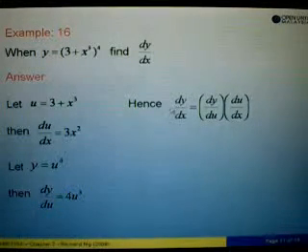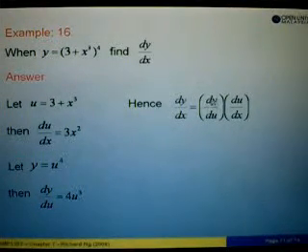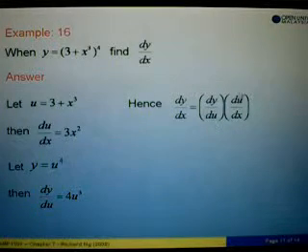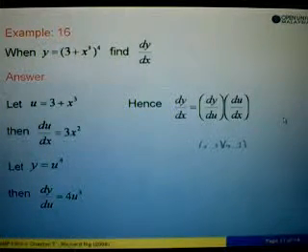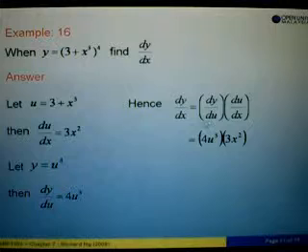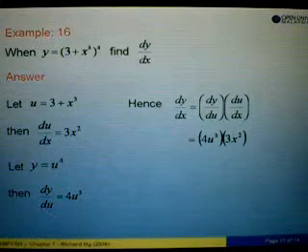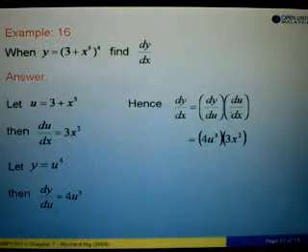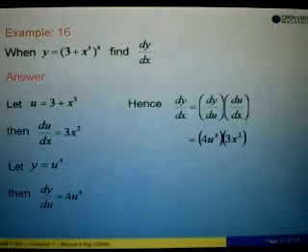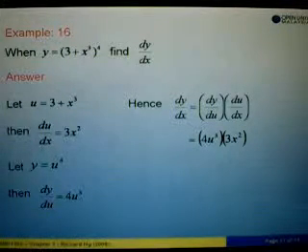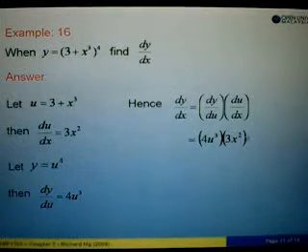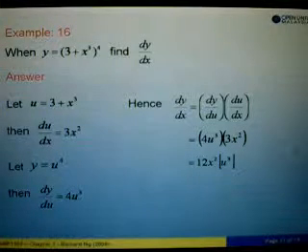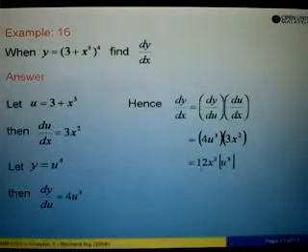hence to find dy dx, we use the formula dy over du times du over dx. Now substitute dy du with 4u to the power 3 here, and du dx we have found as 3x squared, so you substitute here. So from here, 4 times 3 will give us 12.